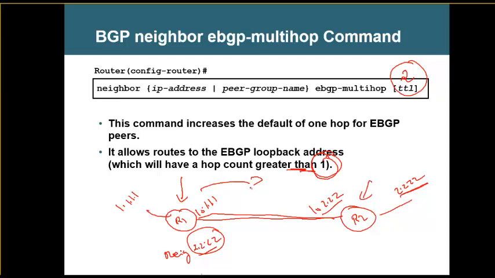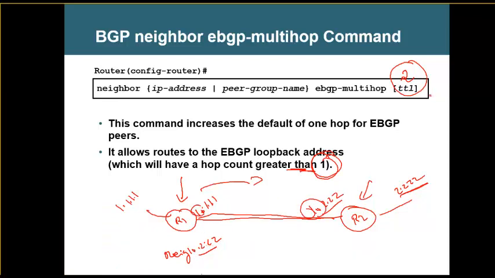The ebgp-multihop command is not only to increase the TTL value, but very importantly to break the rule of eBGP neighborship. By default, eBGP neighbors need to be directly connected, meaning if the neighbor address is 10.2.2.2, this 10 network is seen as directly connected.